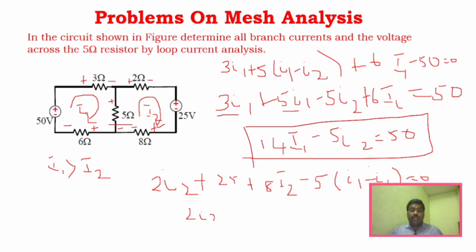it is 2I2 plus 8I2 minus 5I1 plus 5I2 equal to minus 25, which means it will be minus 5I1 plus, 8 plus 2 is 10, 10 plus 5 is 15, 15I2 equal to minus 25.